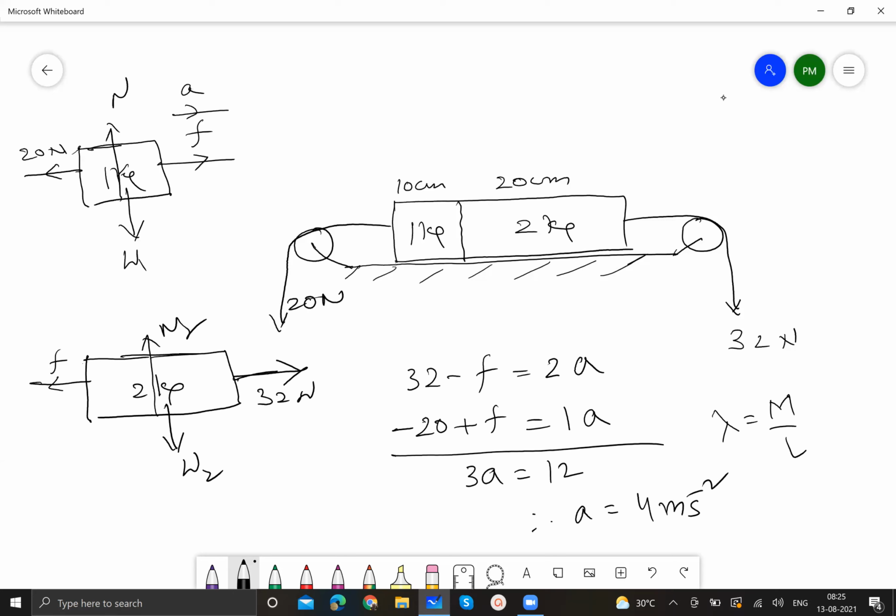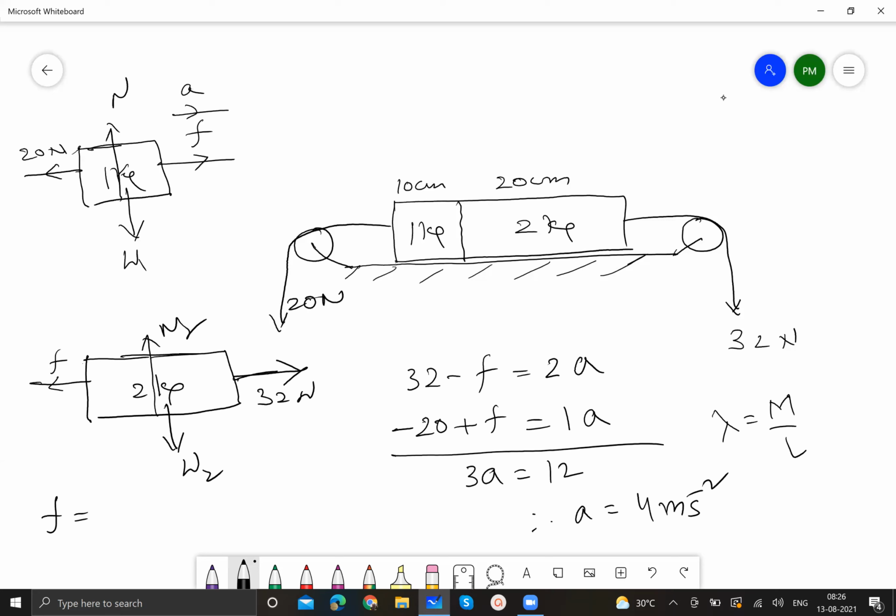So we wanted the force exerted by the 20 centimeter part of the rod on the 10 centimeter part of the rod. From this equation, minus 20 plus F is equal to 1 into A. From that we can write F is equal to 1 into A plus 20.